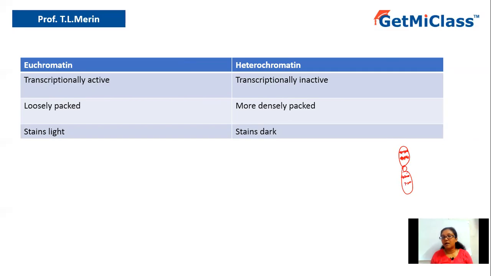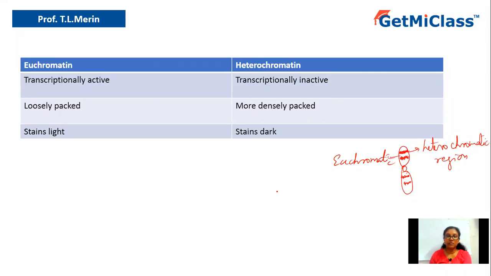The parts which look very dark are called the heterochromatic region. On staining, these heterochromatic regions take up dark stain, compared to the lightly stained regions, which are called the euchromatic region.